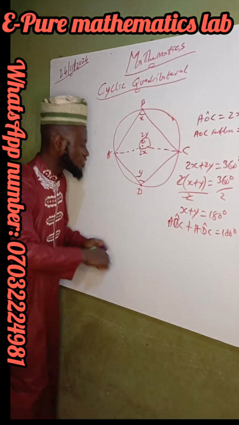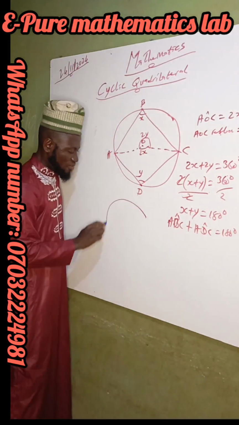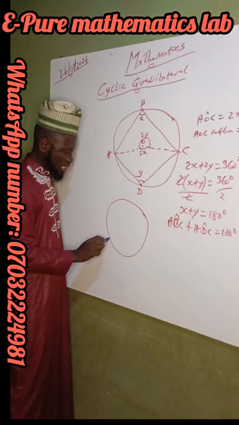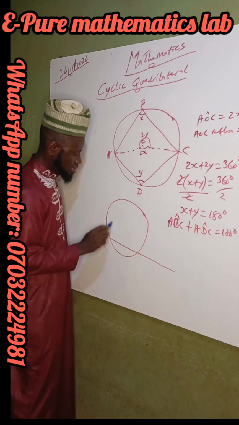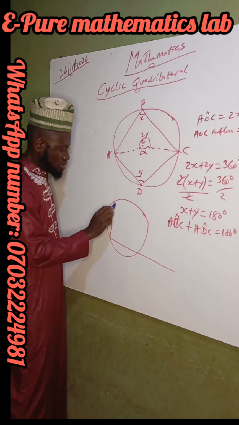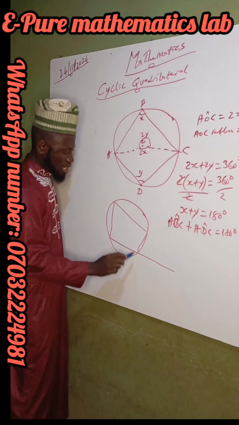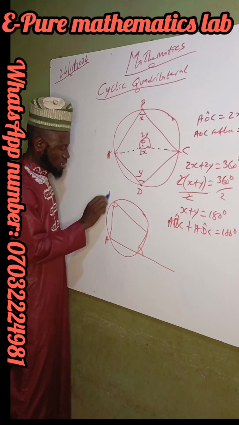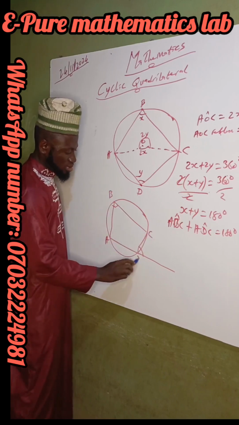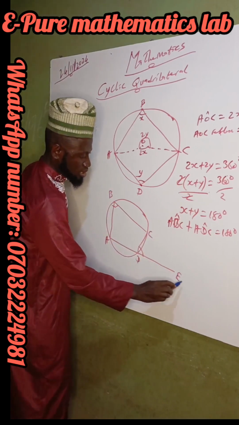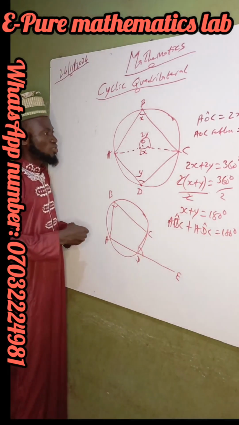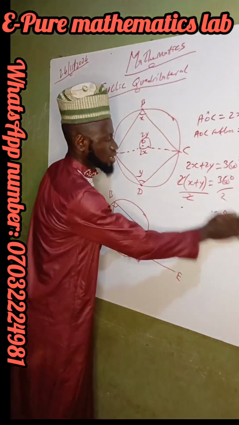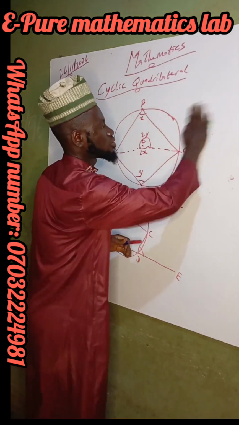Apart from that, I can still have a cyclic quadrilateral like this. Given the cyclic quadrilateral like this, then I have something like this. I can still say this place is equal to this place. Let me label this A, B, C, D, and E. Let me quickly prove that for you.